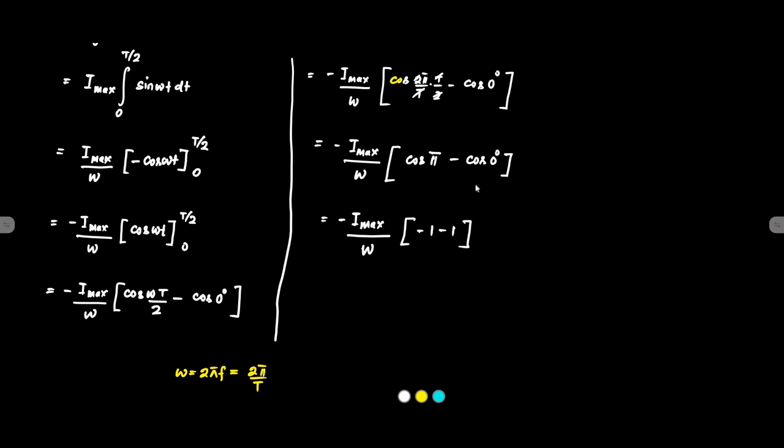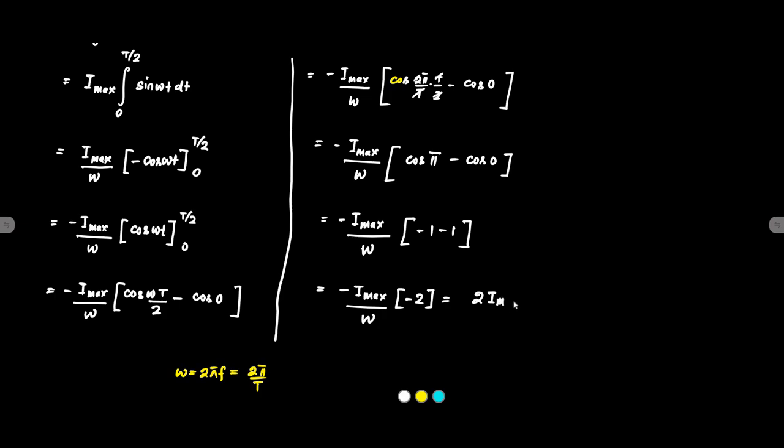I have written 0 degree here by mistake; this is only 0, because we are considering radians. So this is equal to minus Imax by omega into minus 2, which is equal to 2 Imax by omega.